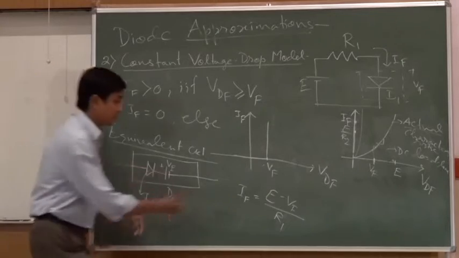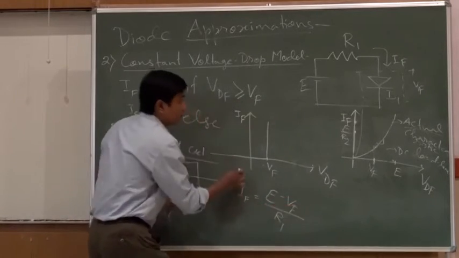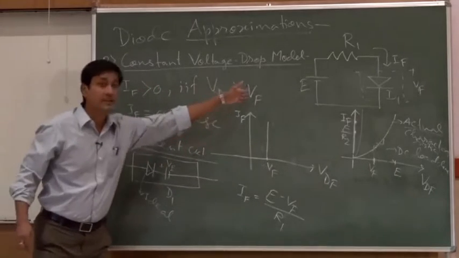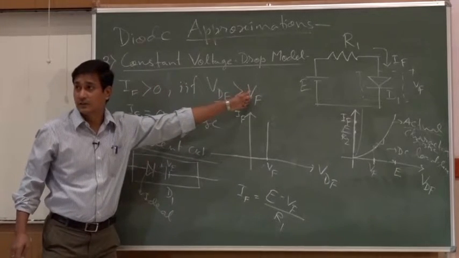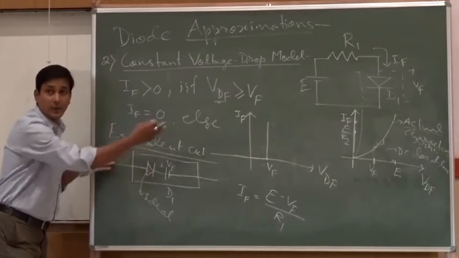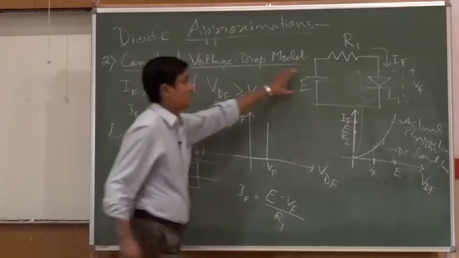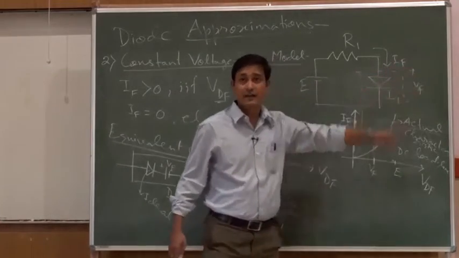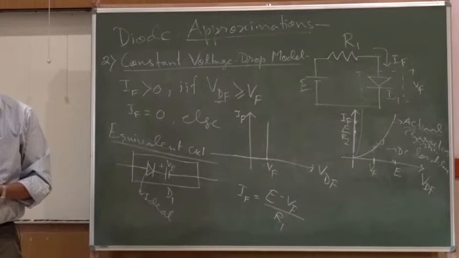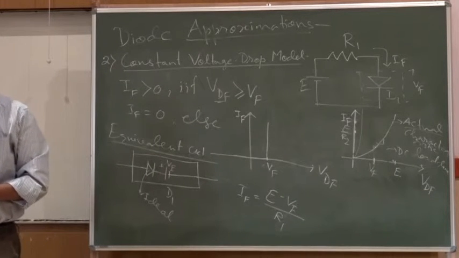But if the voltage across the diode, VDF, which we have considered here, is less than Vf, then no current flows there. In that case, things are open. That means the external voltage is not driving the diode beyond its constant voltage drop which is required for the diode to start working.